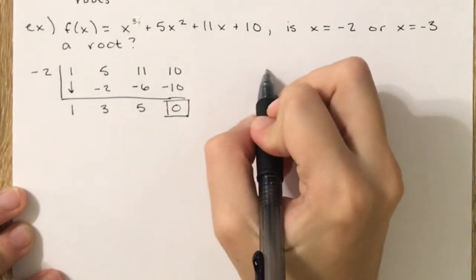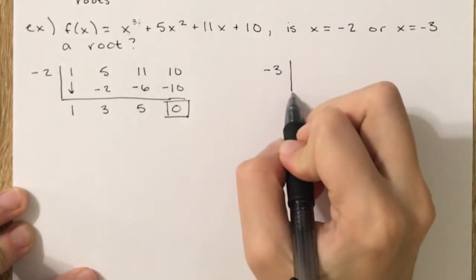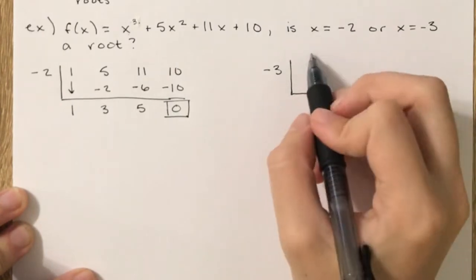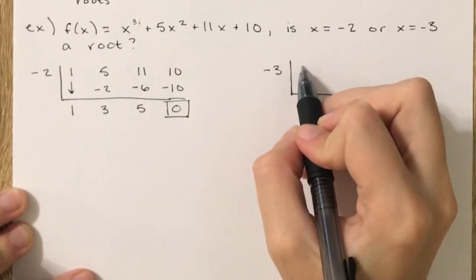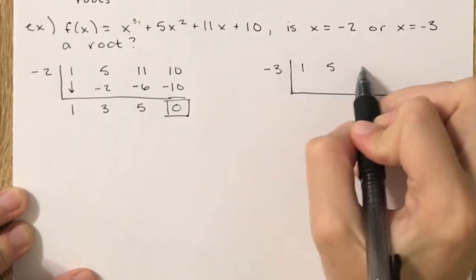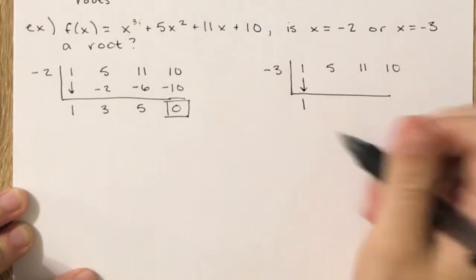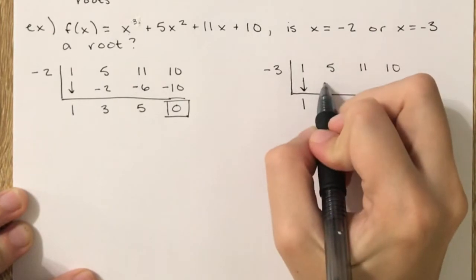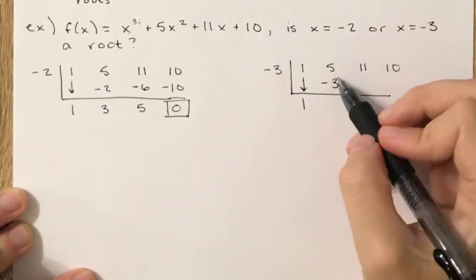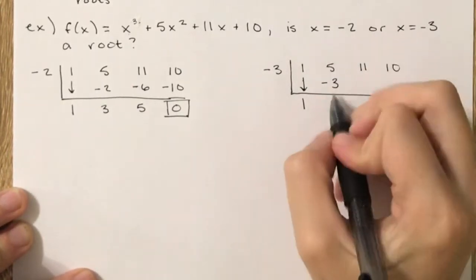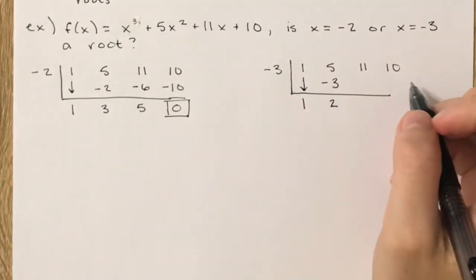Let's do the synthetic division with -3 just for the extra practice. Okay, so again, our coefficients are 1, 5, 11, and 10. We bring down the 1. We have 1 times -3, which is -3. We have 5 plus -3, which gives me 2.